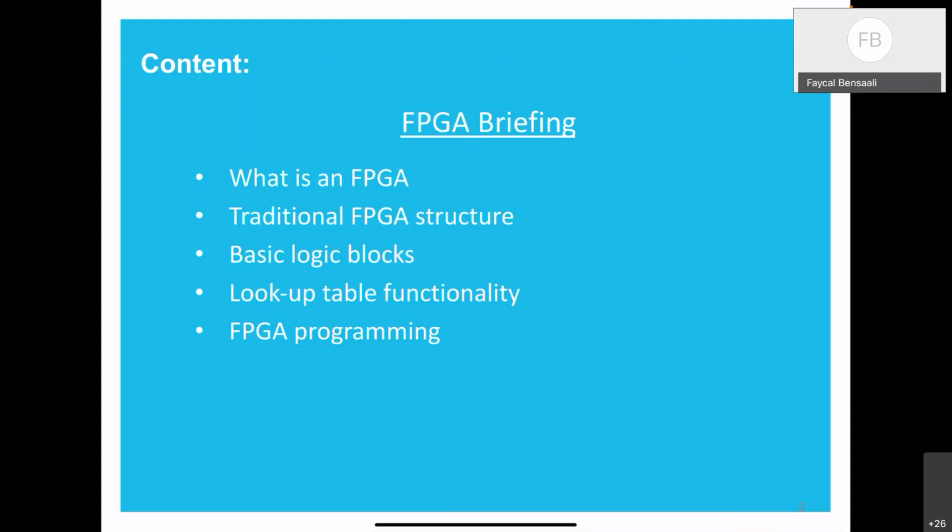So for you as a designer, you have to make sure to write a good description, a correct description, like when you write code in C. You are just worried about writing correct code that does what you want, and then the rest is done by the software, and you run it, and then you test it. So it's very similar here. You have to make sure that you write a correct description of your code.